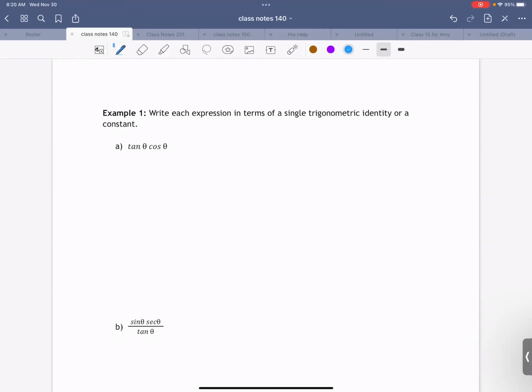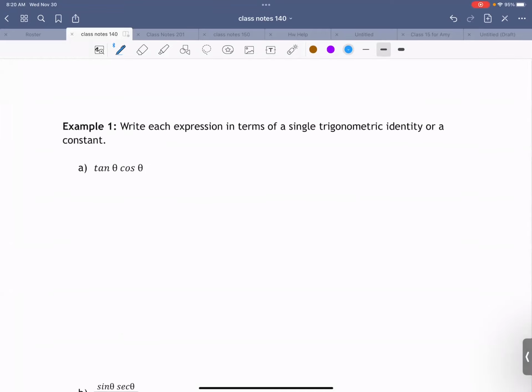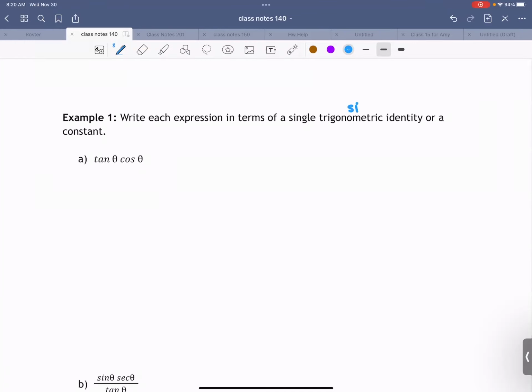So taking a look at this example here, this is telling us to write each expression in terms of 1 trig identity. So there should only be a sine, cosine, tangent, cosecant at the end, shouldn't be multiple, or a constant, so some sort of number. Okay, so the answer can either be like sine, cosine, tangent, cosecant, something like that.